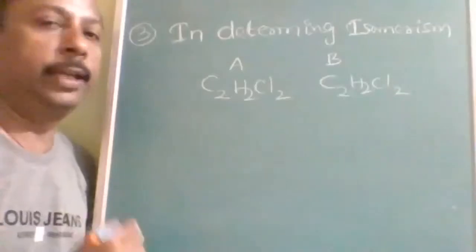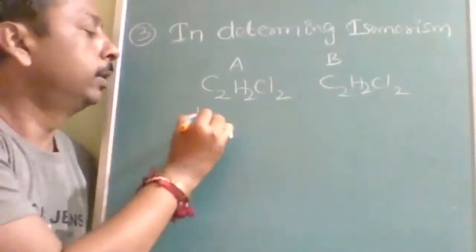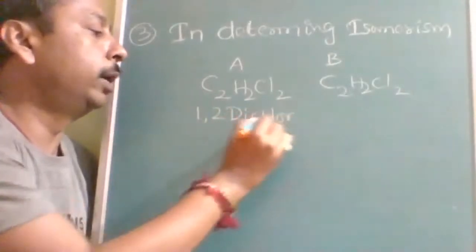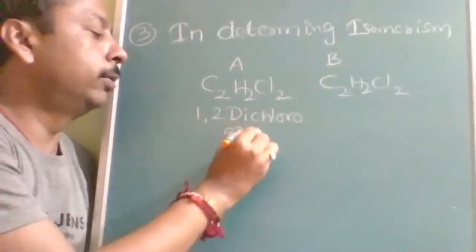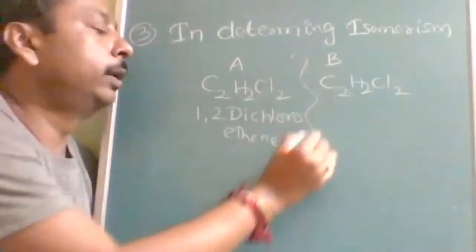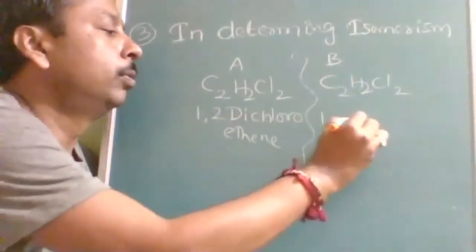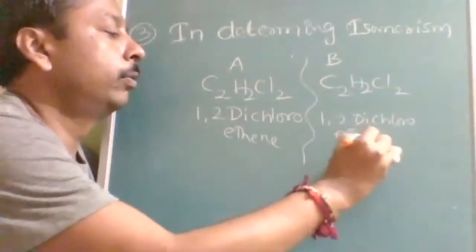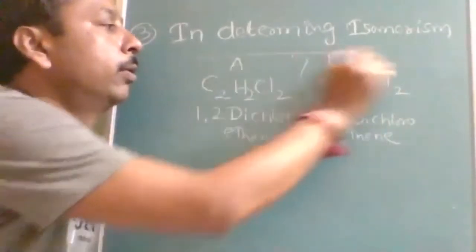Even both names are also the same. This is 1,2-dichloroethene, and here its name is also 1,2-dichloroethene. But they are not identical.